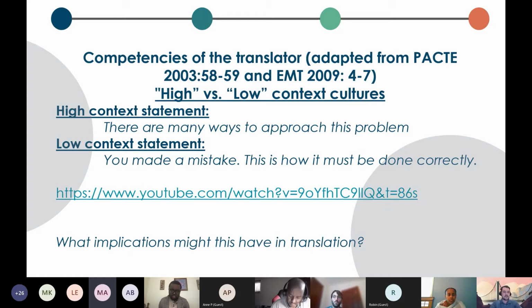That is a high context statement because the receiver of that message should be able to derive the meaning that the speaker is not necessarily approving of whatever they are talking about. A low context statement, like I said, is something that might be found in a culture like the United States or Germany. They would say, "You made a mistake. This is how it must be done correctly." So it's much more direct.